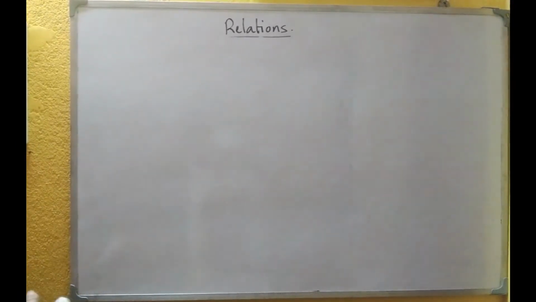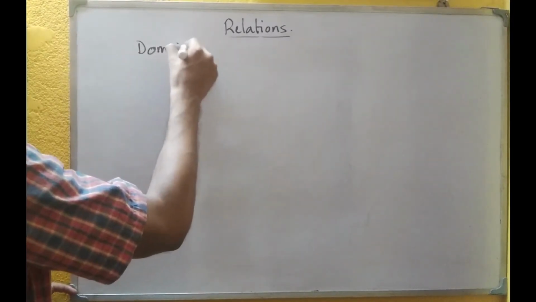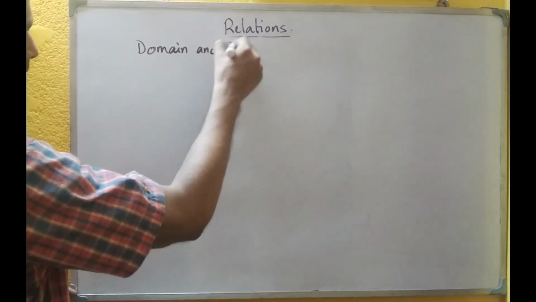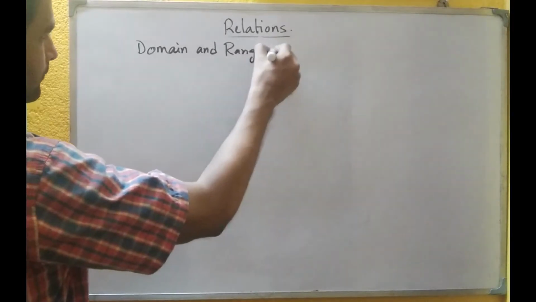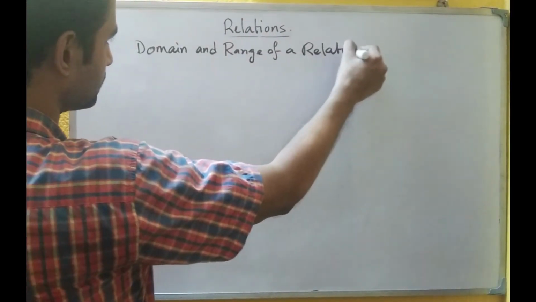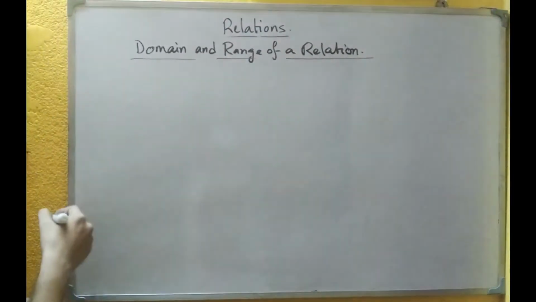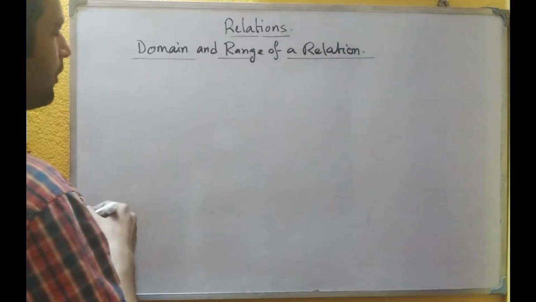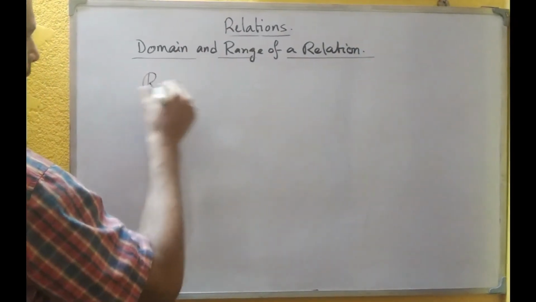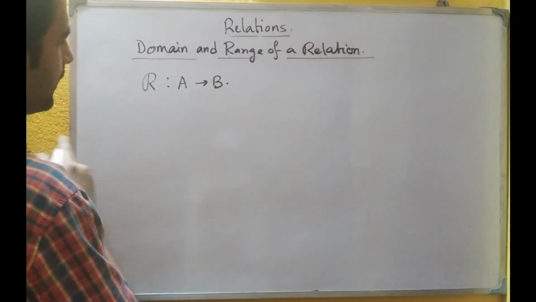The next thing is the domain and range of a relation. So suppose we are defining the relation R from A to B, we can write it in this way.